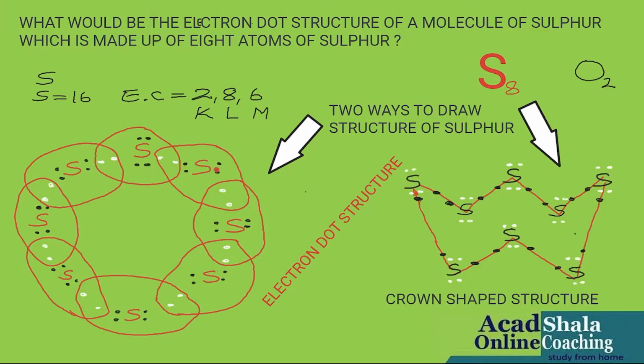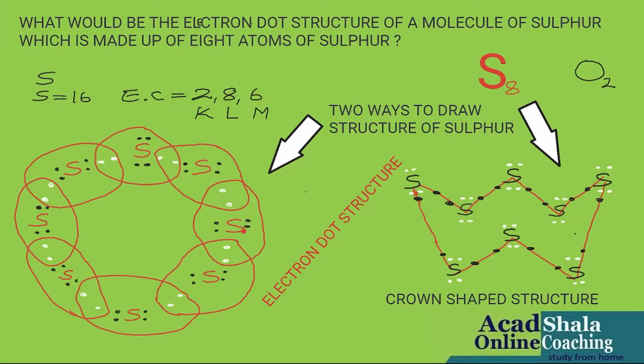So this sulfur gave 1 electron to the adjoining sulfur, and that sulfur gave its electron to its adjoining sulfur atom. In this way, all the atoms of sulfur started thinking and then started sharing their 2 electrons with their adjoining friend sulfur atoms.